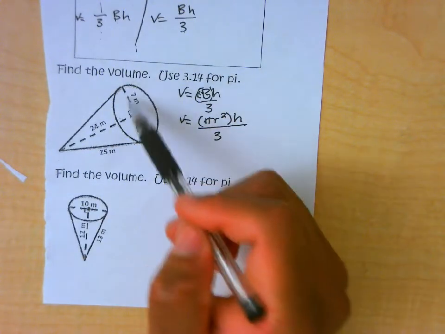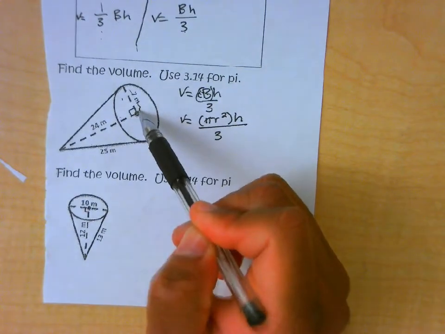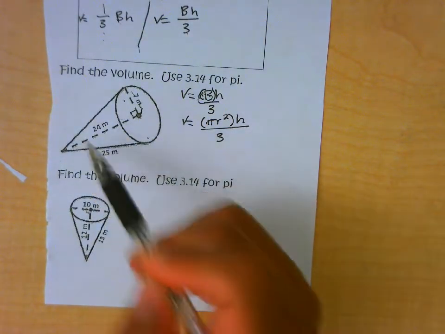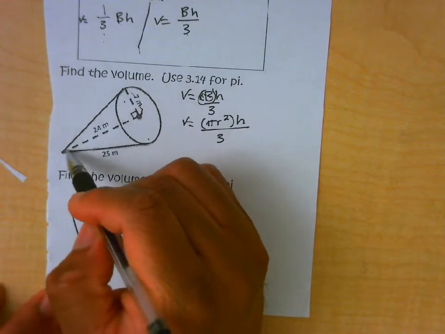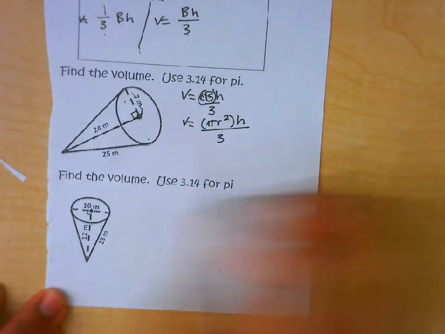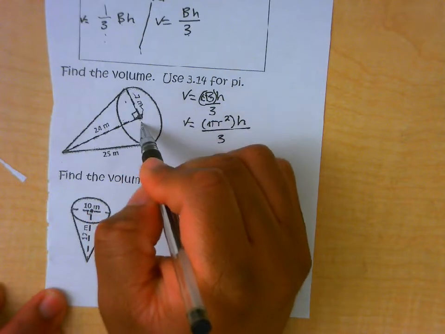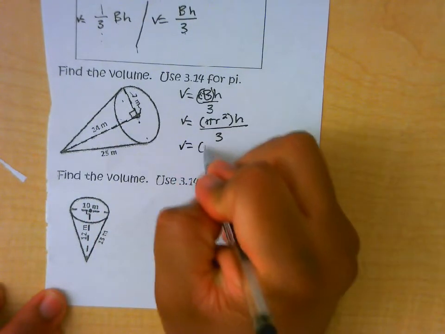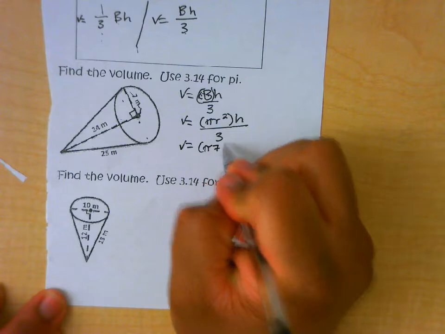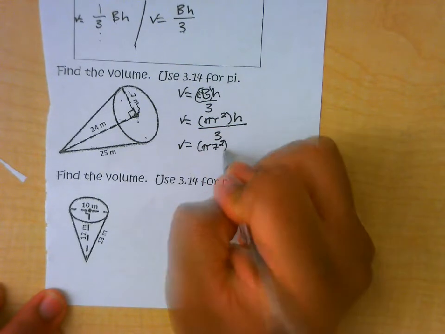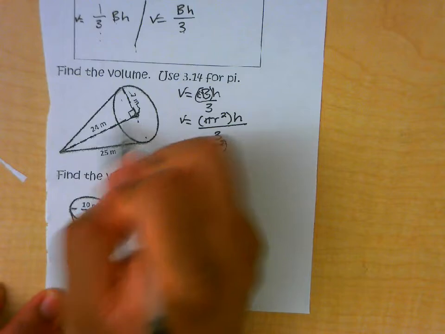Now, the cone is going to have either a radius or a diameter within it, and then this line here, going from the bottom of the cone to the top, is the what? It's the height. So we're given the radius, so I'm going to write my formula as volume equals pi 7 squared times the height of 24.